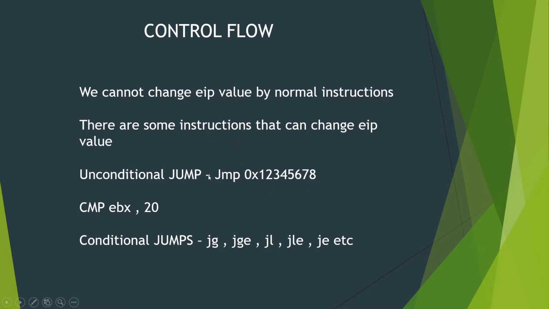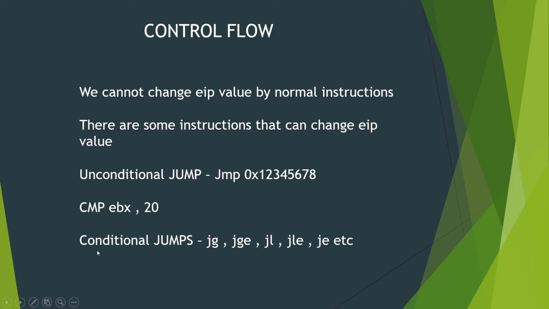Whenever this instruction is executed, the program flow jumps directly to this address, so the instructions in between the next address and this address will not get executed. That's why this is called an unconditional jump, because we are not checking any condition before the jump and we are directly performing the jump to this address.